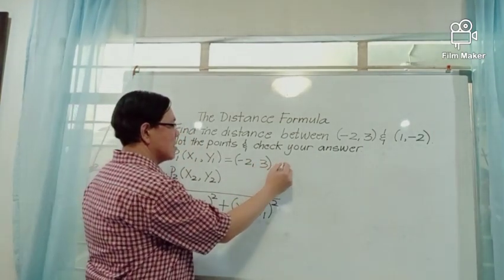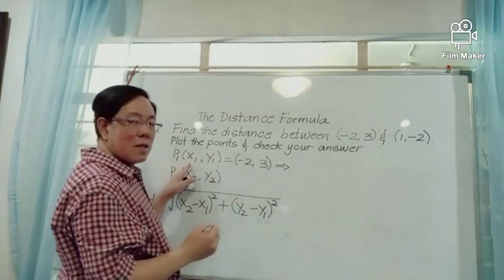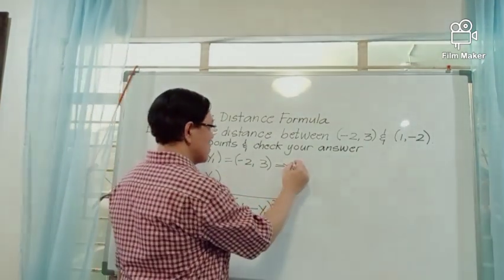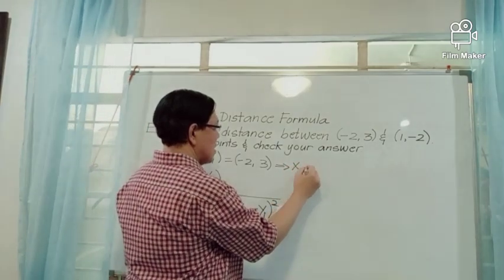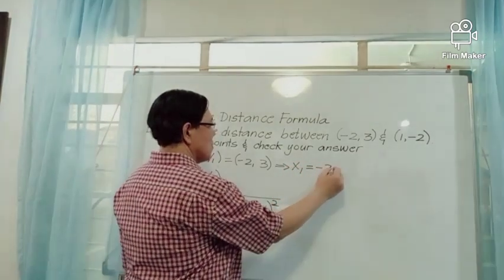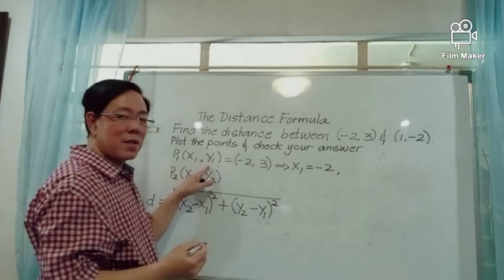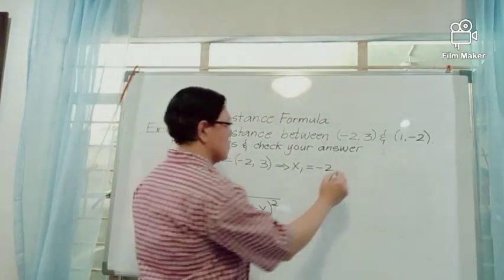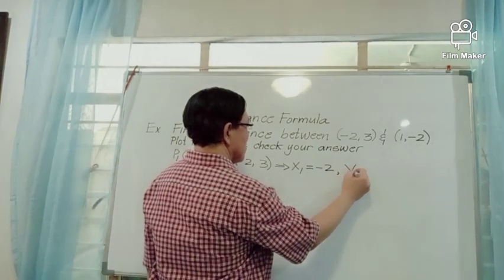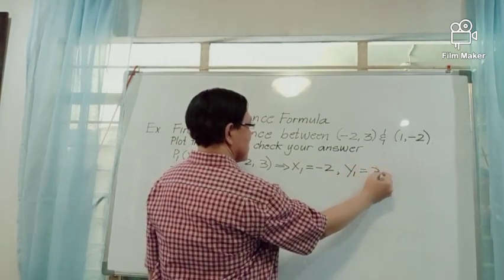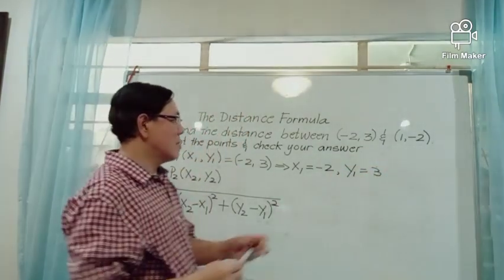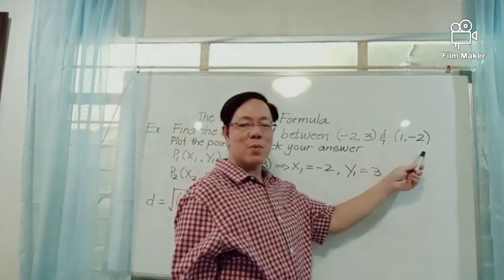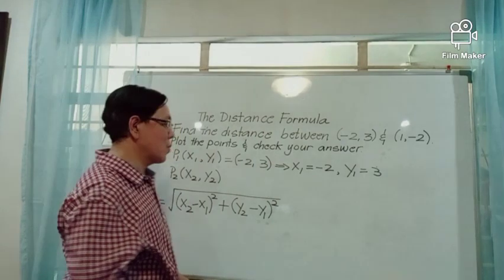This implies that the abscissa x1 is equal to negative 2. x1 equals negative 2. And the ordinate y1 is equal to 3. y1 equals 3. If this is your P1, then the point 1, negative 2 is your P2.